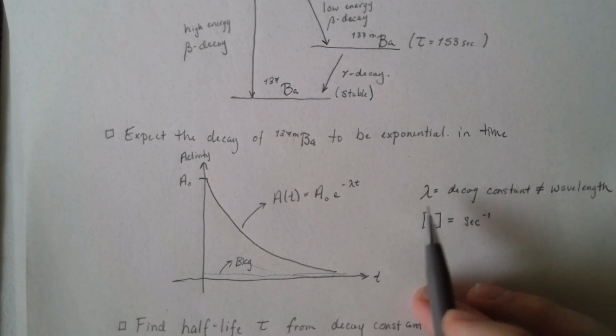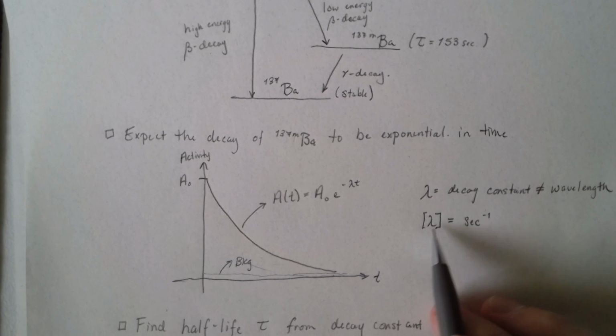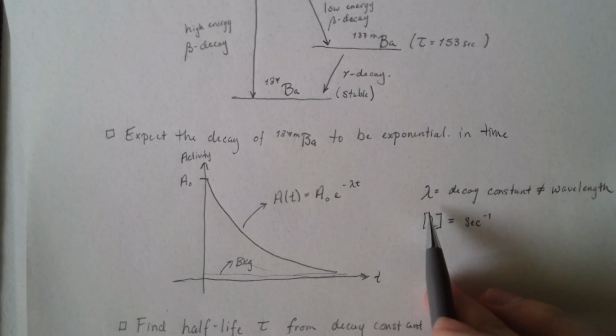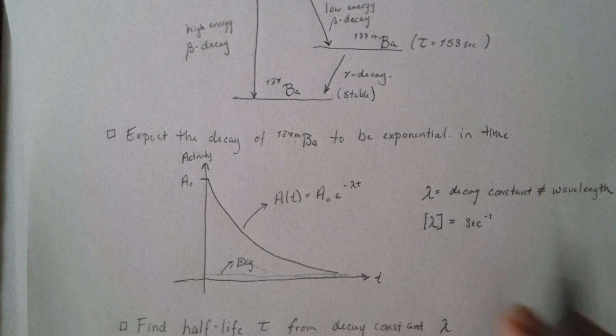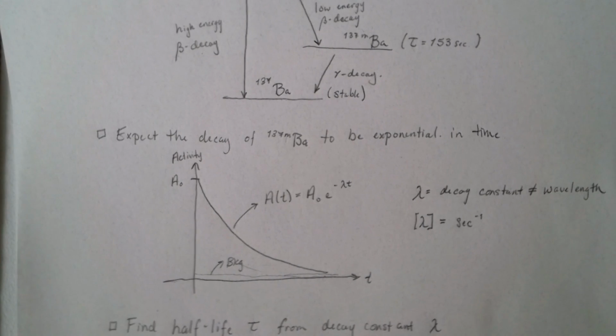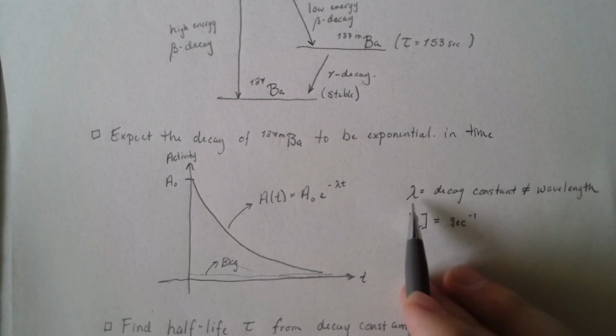Alright, just some things to note. I know this semester has gone by pretty quick, and we tend to use the same types of symbols to represent various different things in physics.